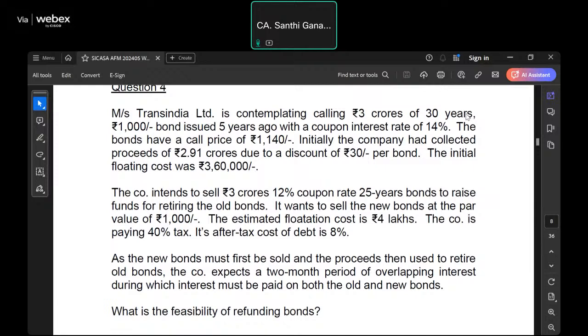A put option gives the investor the right to redeem a low coupon paying bond and invest in high coupon paying bonds because now the market rates have increased. So he will exercise the option to redeem the old bond with a lower interest rate and invest in a new bond with a higher interest rate.